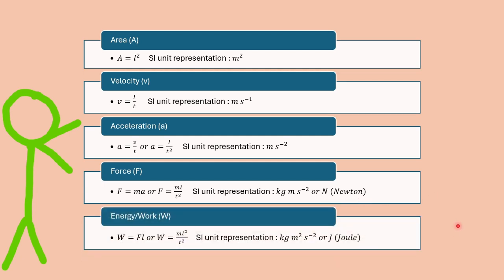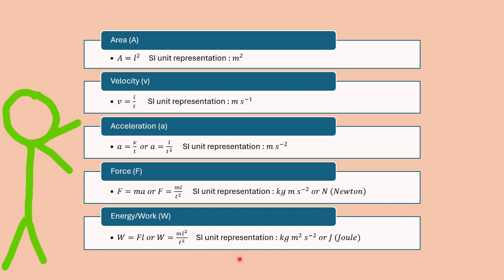And last but not least, we have energy or work, represented by the symbol W. W is equal to force multiplied by length, or in other words, mass multiplied by length squared over time squared.